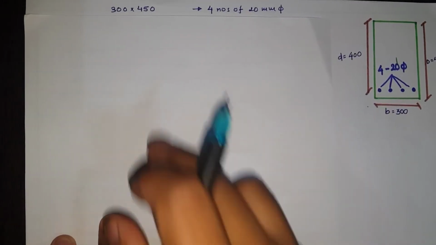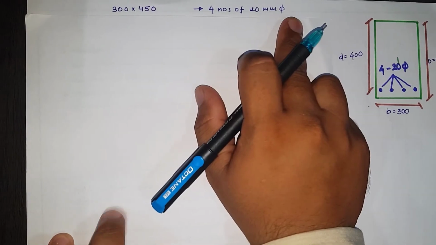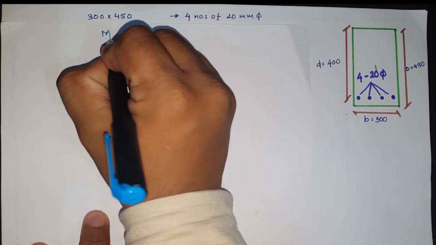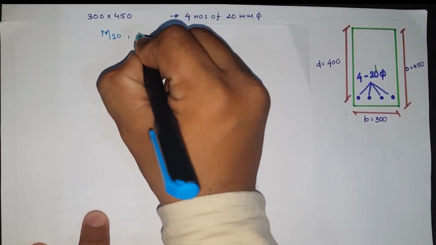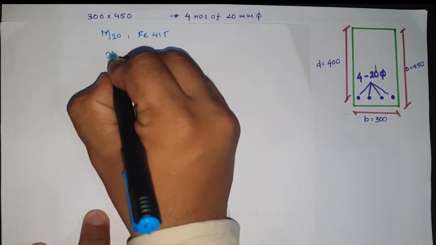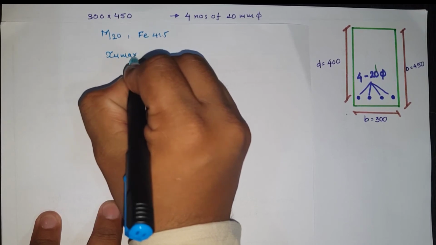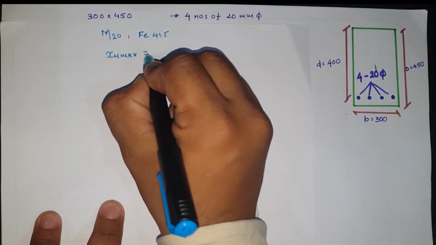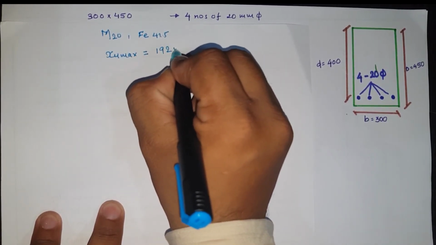If the same cross section is given with the grade of steel and concrete as M20 Fe415, then from the above calculation we can say that xu max is equal to 192 mm.